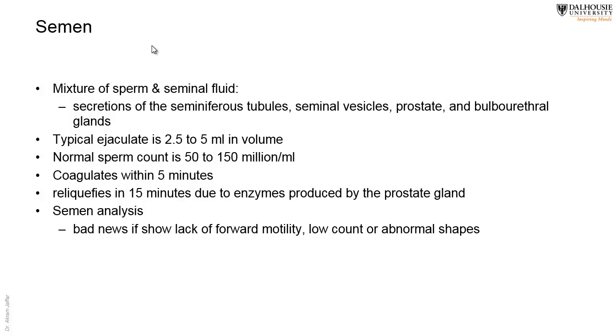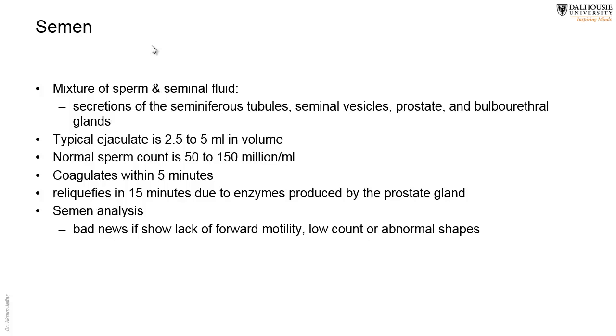The ejaculate is 2.5 to 5 ml in volume. It contains about 50 to 150 million sperm per ml. If it is less than 20, then this is a problem. And it coagulates, as I said, within 15 minutes, then reliquefies because of the prostate-specific antigen after 15 minutes.